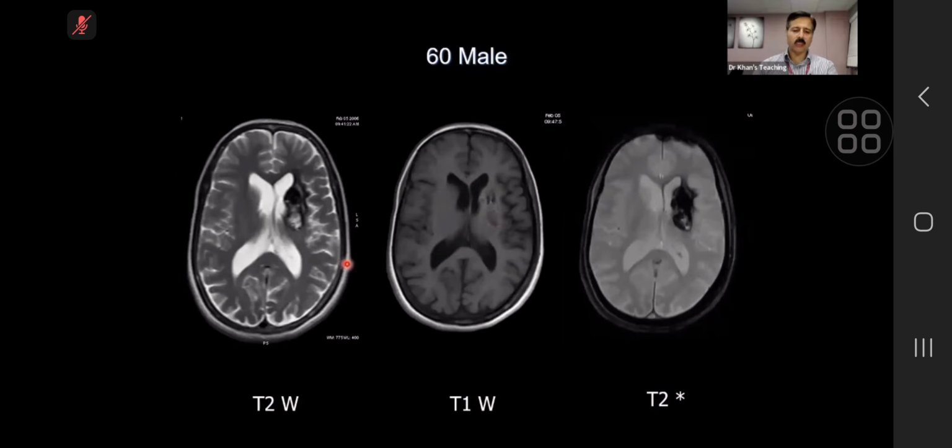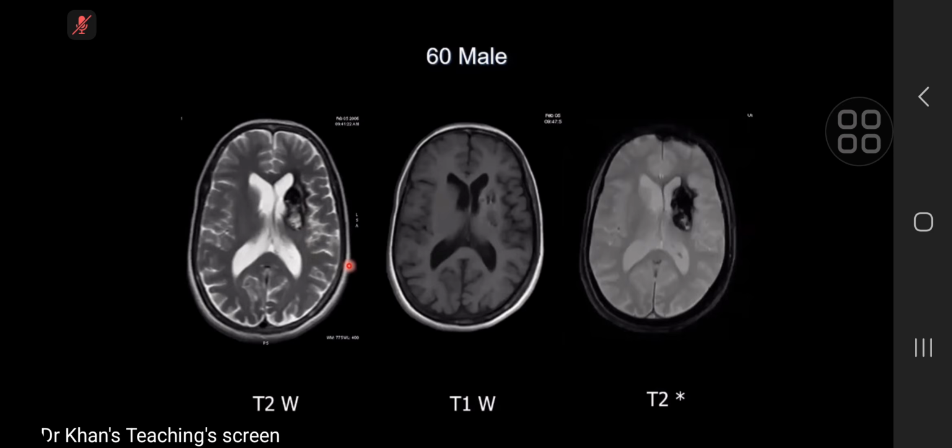So, what do you think? So, I'm thinking that it has got a mixed signal, and we've been told that to characterize with the oldest signal. So I'm seeing that there are some portions which are dark on both T2 and T1. So it is likely to be a chronic hematoma with subacute component to it as well. Okay.